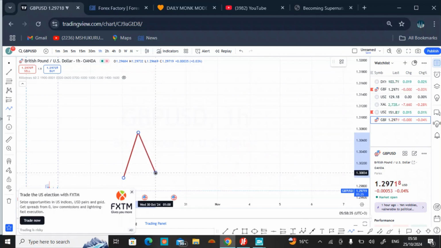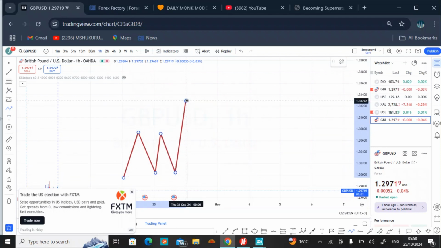So once price has mitigated this order block and continues to go up, assuming it doesn't even break structure at this point, and price does this, when price has already mitigated this order block, we no longer consider this order block valid. What do I mean by that? Assuming price does something like that.